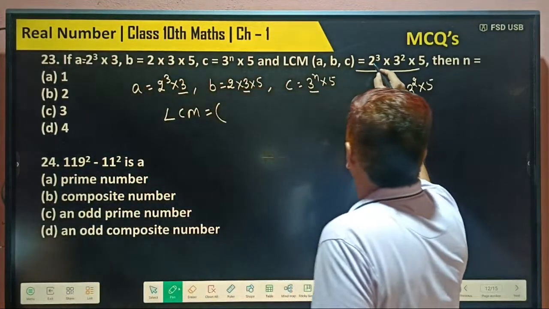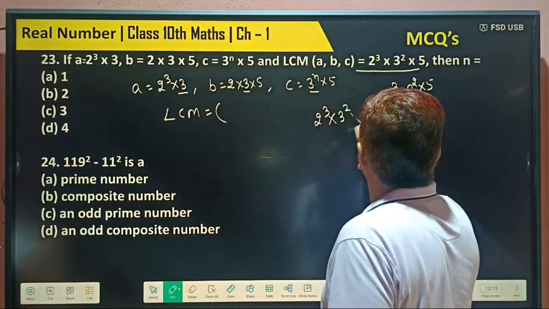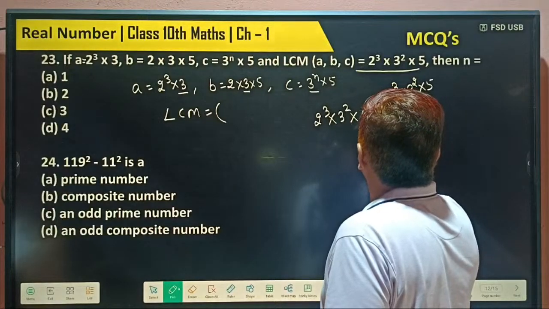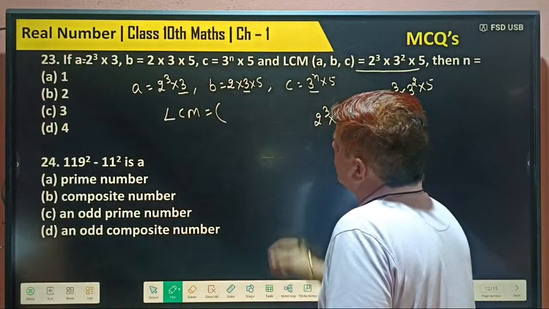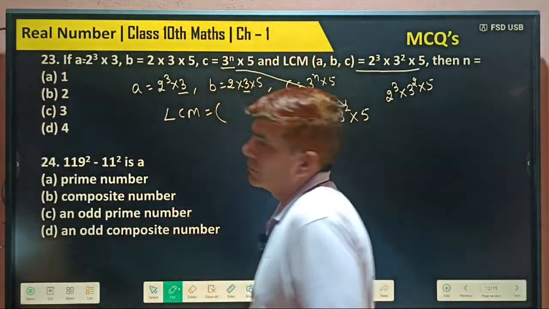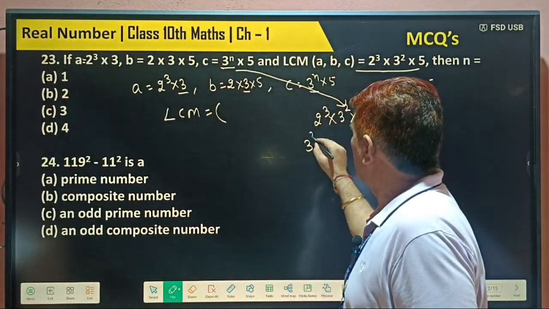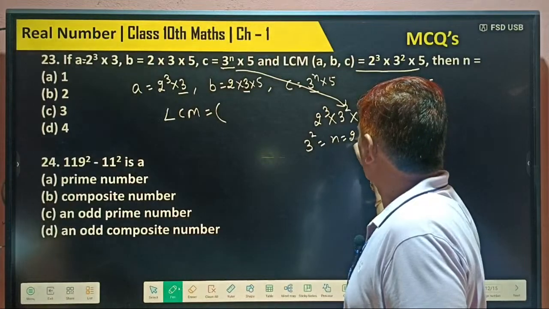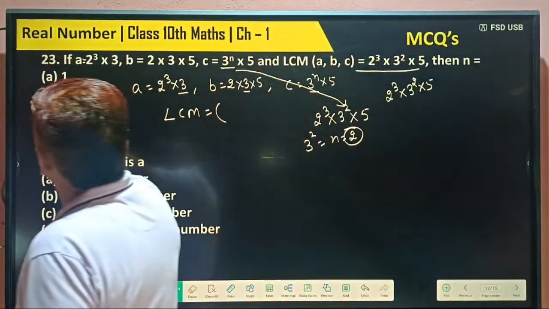The LCM is 2 power 3, 3 power 2 into 5. So this is equal to 3 power 2, meaning n equals 2. This is your answer.